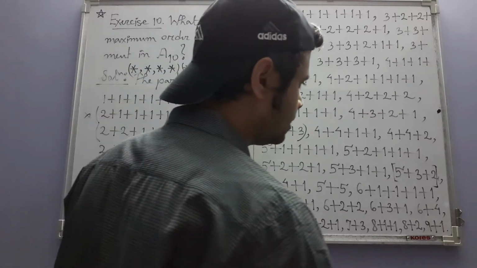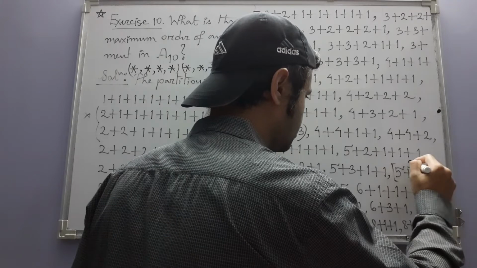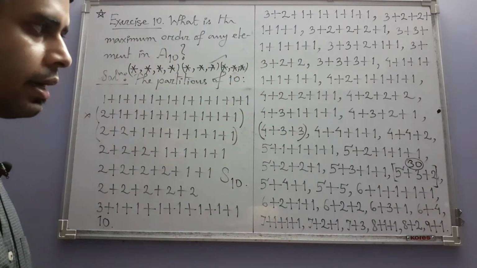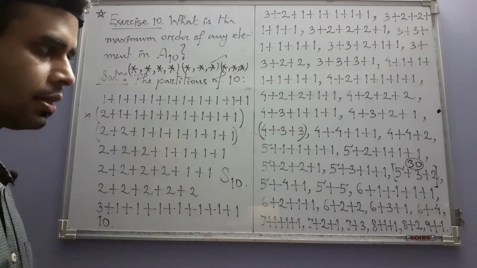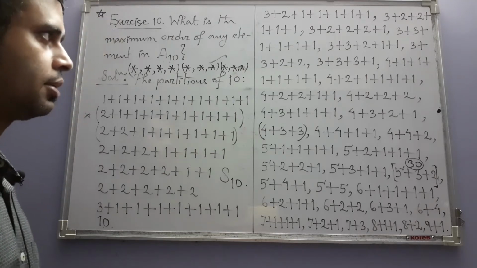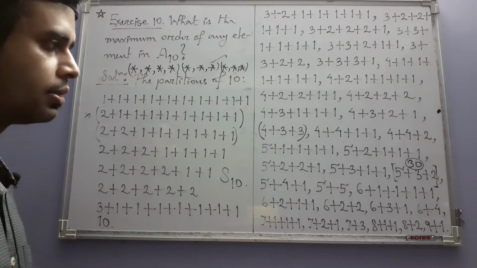I don't think you can go higher than that. I feel 30 is the highest possible order that anyone can get, because in the other cases it won't reach 30. The LCM ultimately is going to be less than 30.